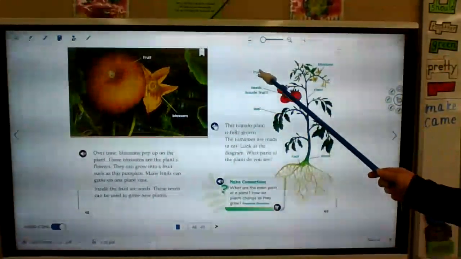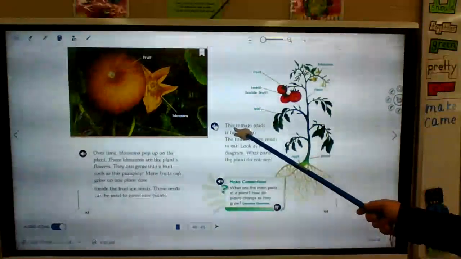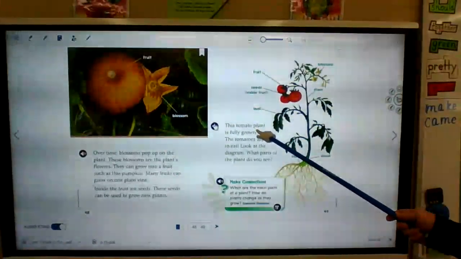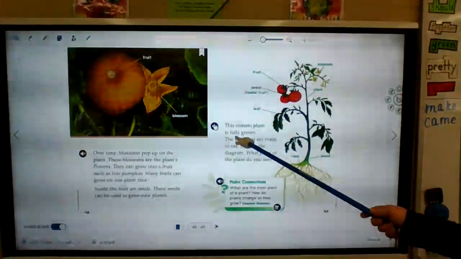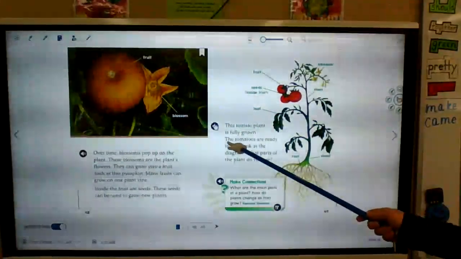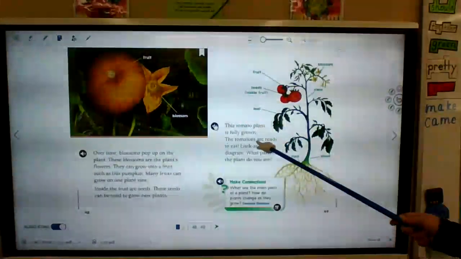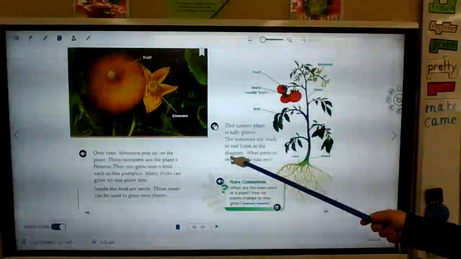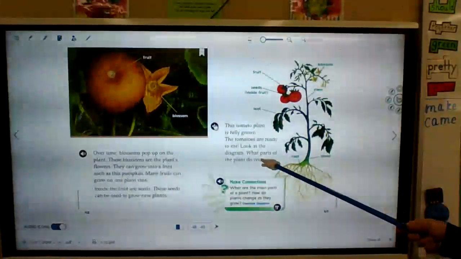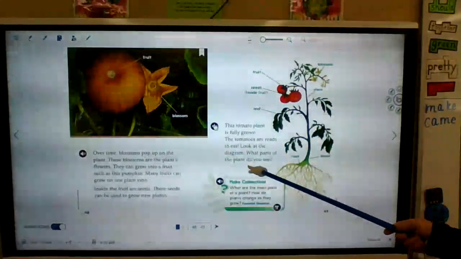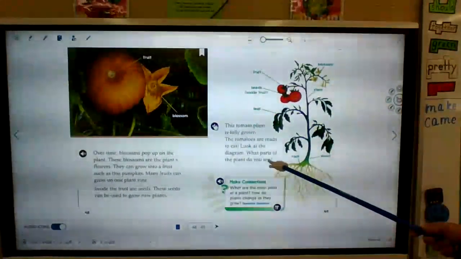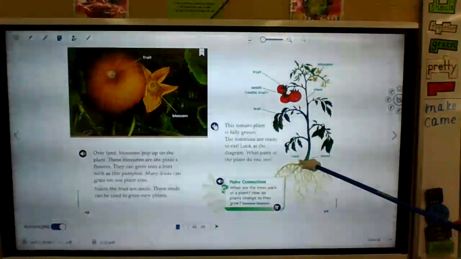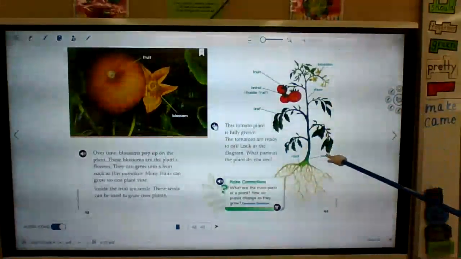Okay, so let's read this first. This tomato plant is fully grown. The tomatoes are ready to eat. Look at the diagram. What parts of the plant do you see? Let's read this side and then read this side.